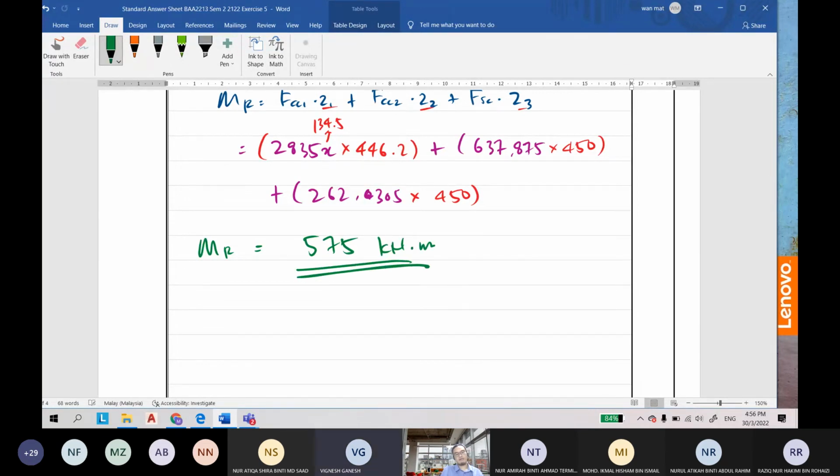Okay, good. You must divide by 10 to the power of 6 later. So this is the answer for exercise number 4.